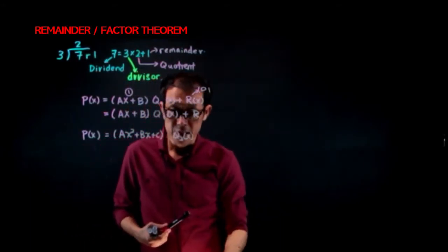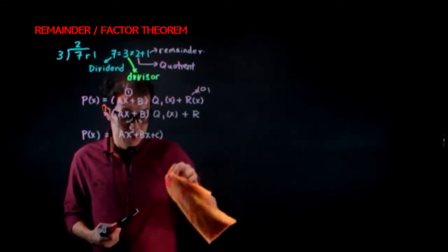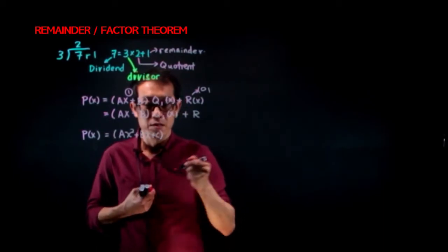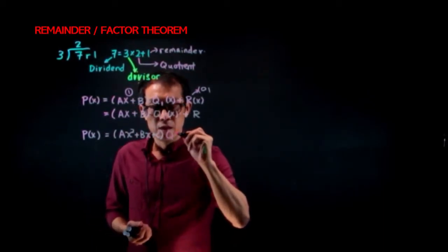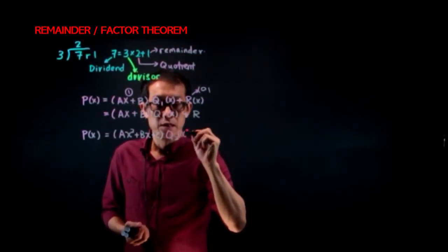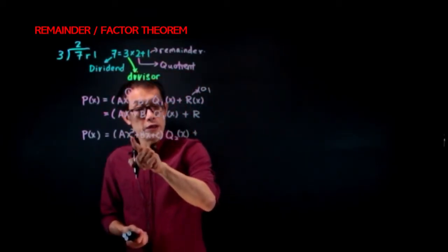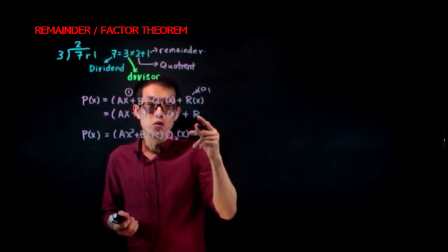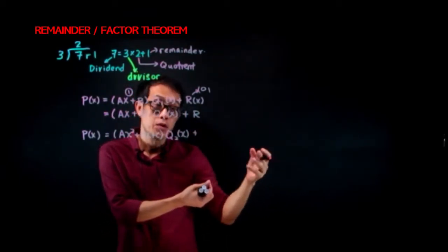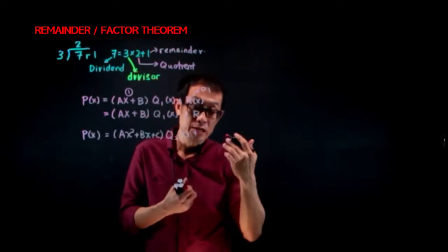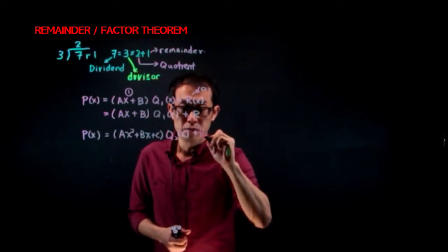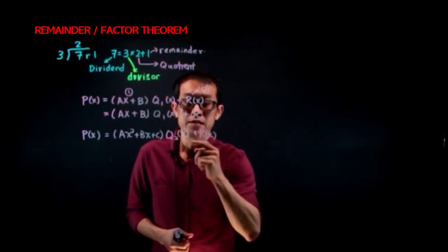Maybe I just erase this. Now this should be a times q2x plus, now this is power 2, alright, degree 2. This must be degree 1. So will be like maybe px plus q. So it is in terms of x, alright, it is a function of x. So I will just write it as rx.